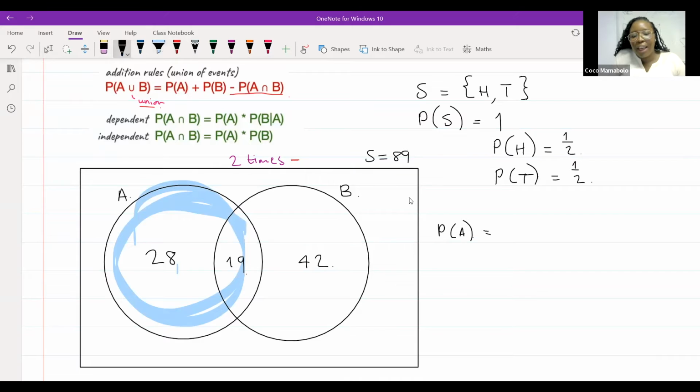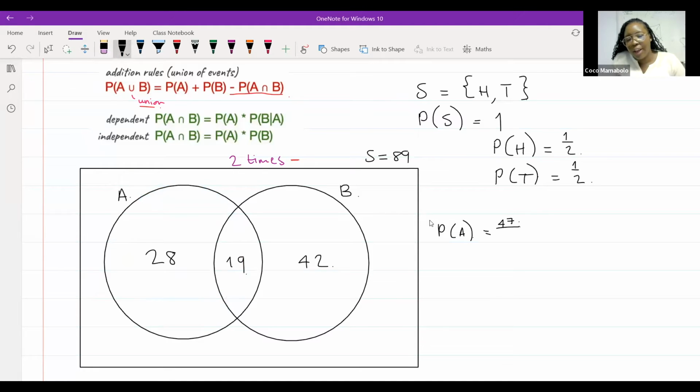If I add up the probability of A, what am I going to get, guys? Calculate for me. Correct, it's going to be 47, but it's a probability, so it needs to be 47 over what? Over 89. Good.